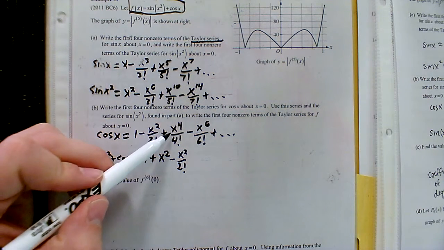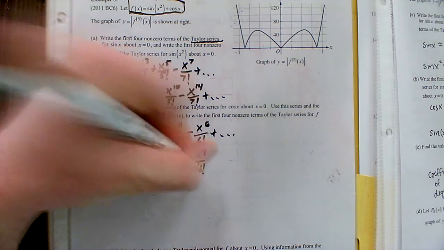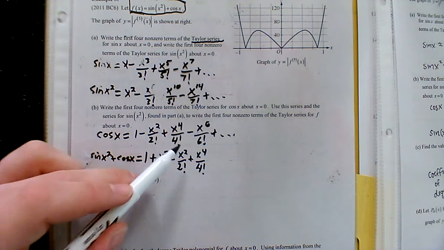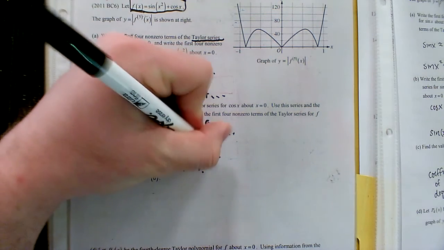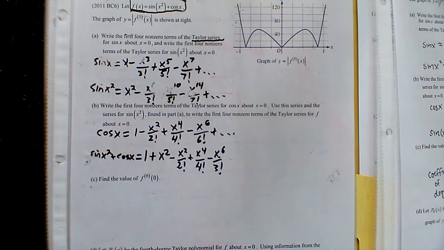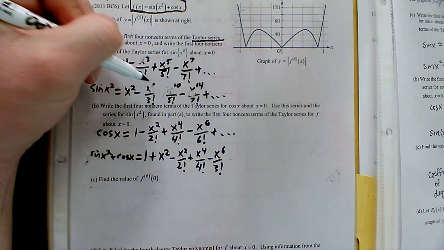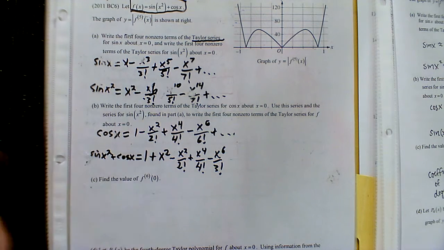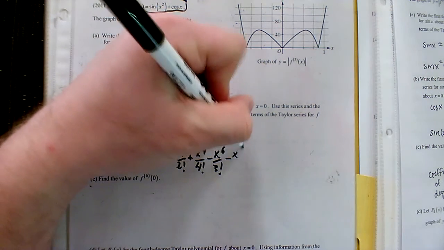Then I have a plus x to the 4th over 4 factorial. And I have a minus x to the 6th over 3 factorial, this one up here. Then I have the other minus x to the 6th over 6 factorial.